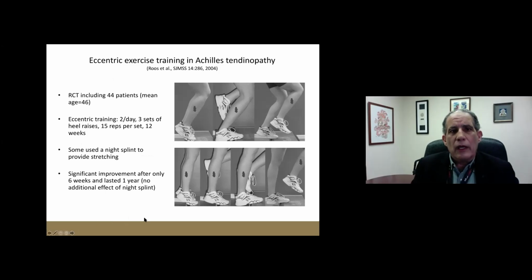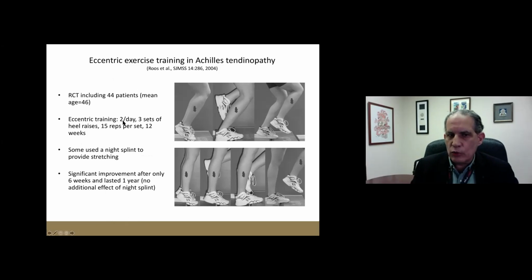Okay, this one was a randomized controlled trial. In this case, you see they use the same strategy. The difference here is that they use both legs at the same time, but then they drop only one leg.